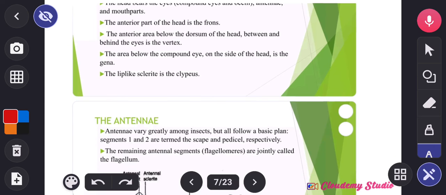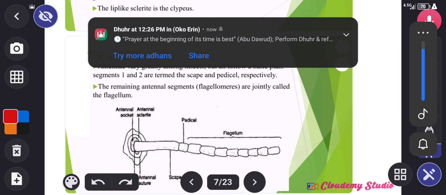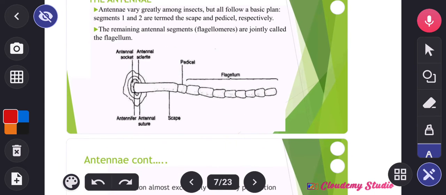Now let us move to the antennae. Antennae vary greatly among insects, but follow the basic plan, which is segment 1 and segment 2. These are called the scape and the pedicel respectively, and that is what you are seeing here.